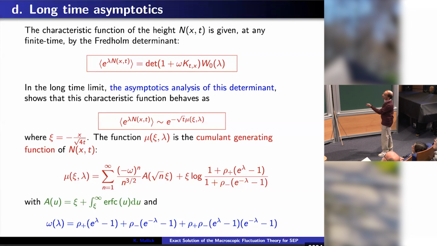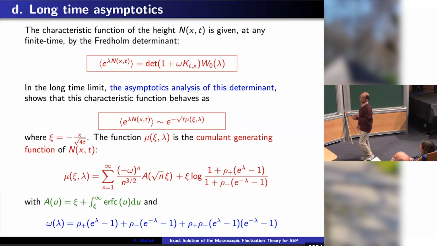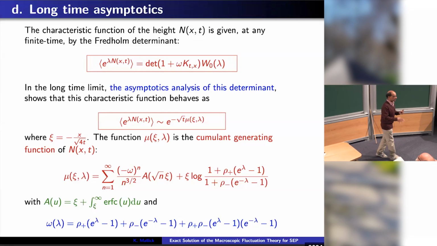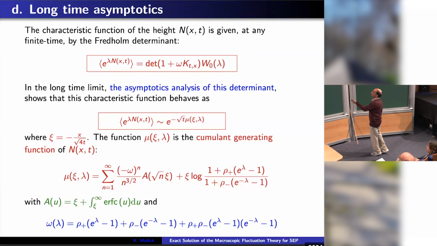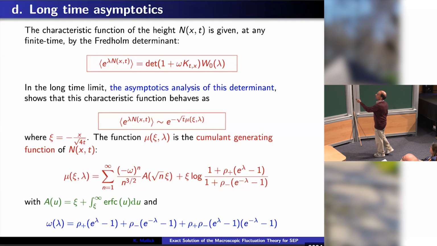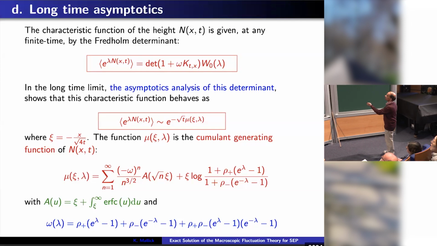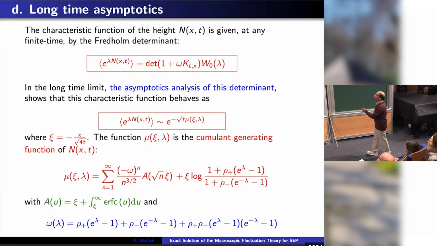So I'm just asking you to try to remember by heart this formula, because it will come back at the end of the seminar. So that's one way to get the formula. It's not a horrible formula. It contains error functions, essentially, some polylog 3/2, and some nice factor, which is again Poissonian type.